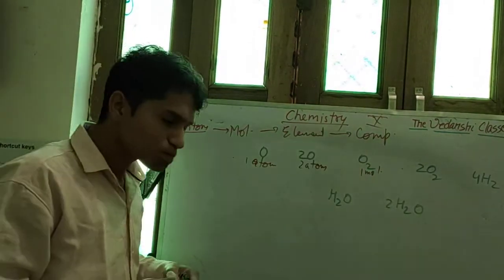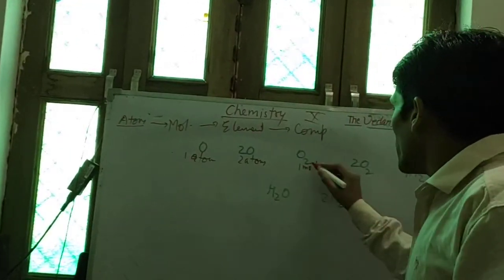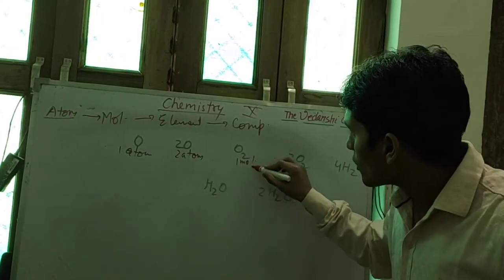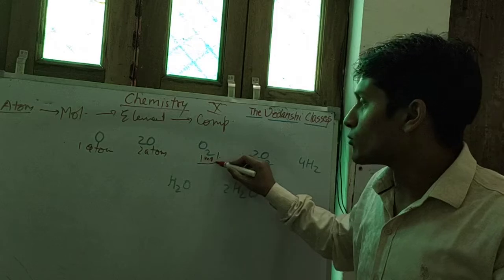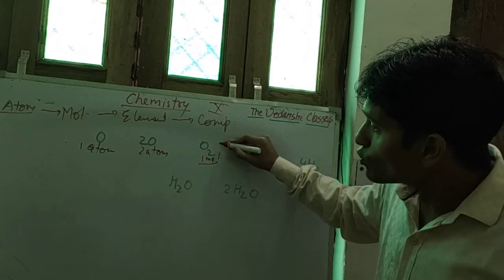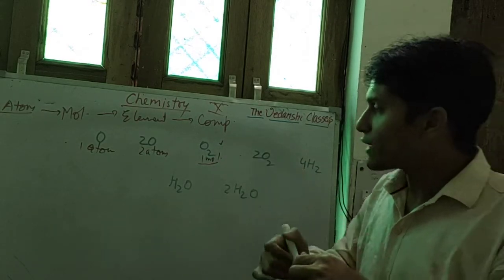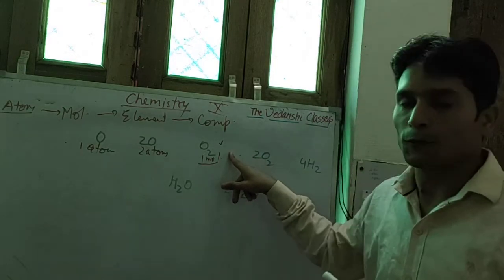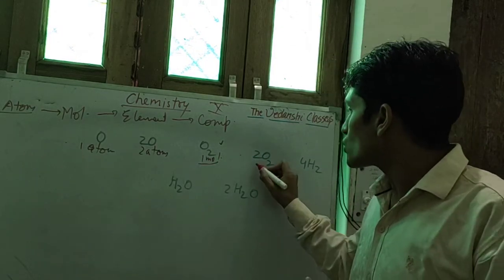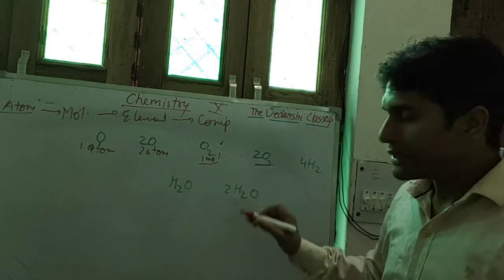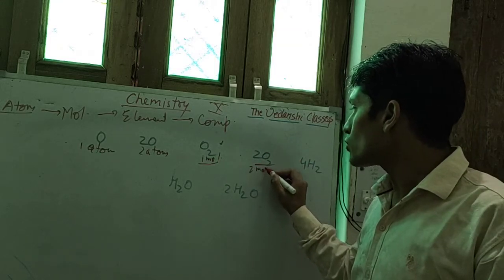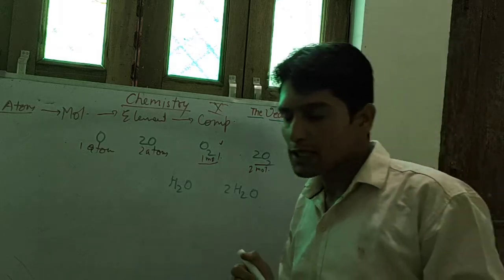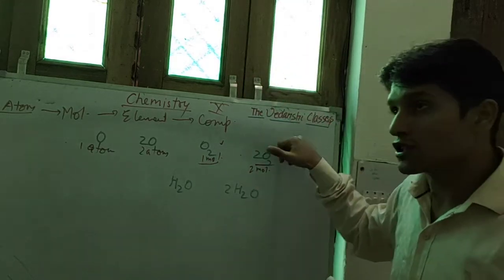I'll tell you what it means. If you write O2, it represents one molecule. That means two atoms of oxygen combine together and form one molecule of oxygen. If you write 2O2, it represents two molecules of oxygen.